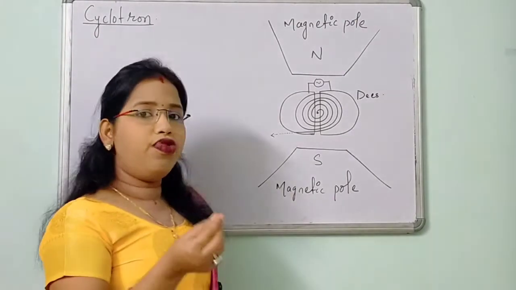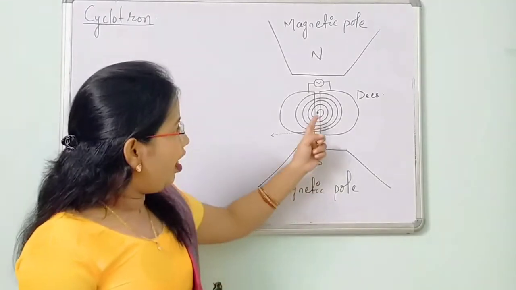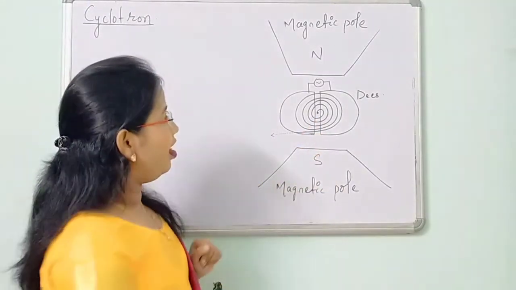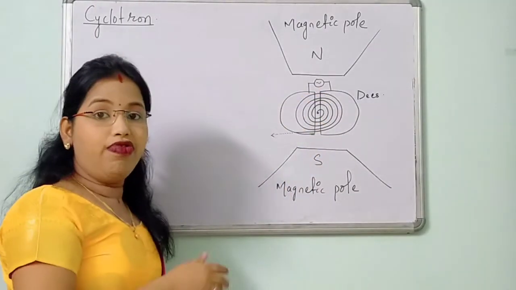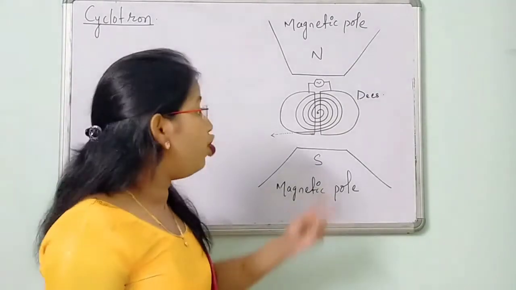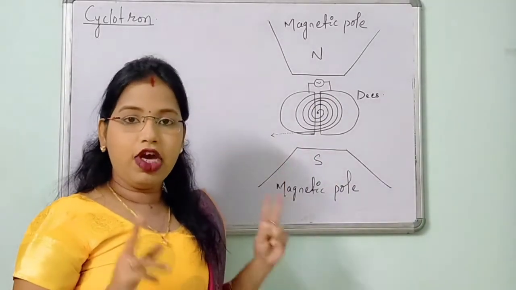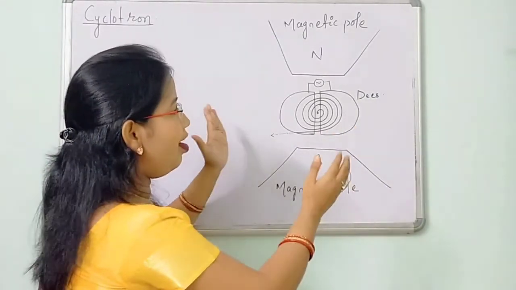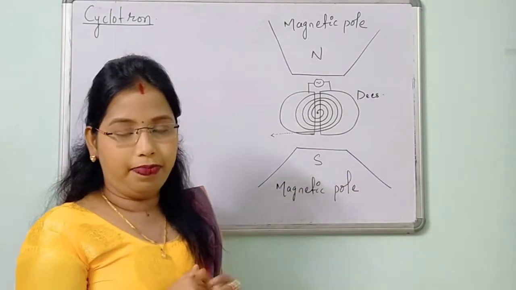A source of ions or charged particles is placed at the center of the gap between the two Ds, and the two Ds are connected to a high frequency oscillator which provides a high frequency alternating potential to the Ds. As a whole, these two Ds act as two electrodes, and the Ds are placed inside a metallic box having gas at low pressure.